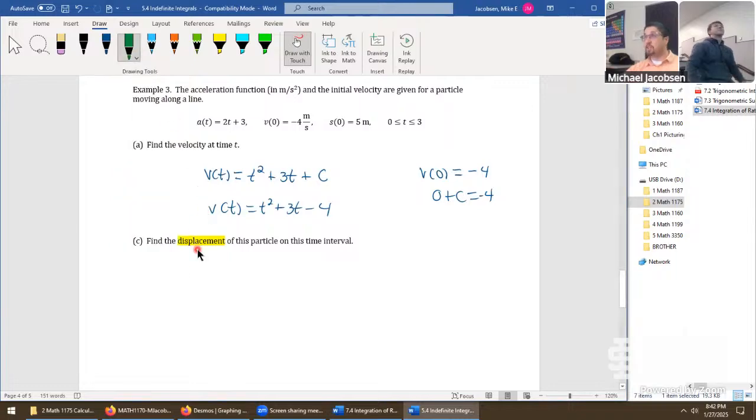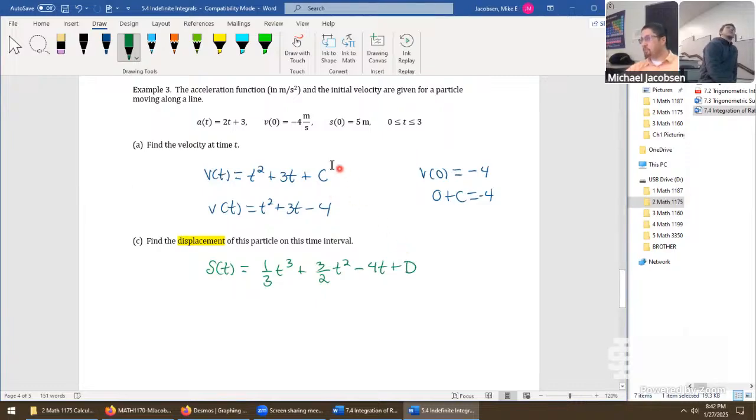We want displacement. That's just where it's displaced from a starting position at a given time. For reasons I still don't understand, that's s of t. Then just more antiderivatives. This would be a third t cubed plus 3/2 t squared minus 4t plus a new constant.